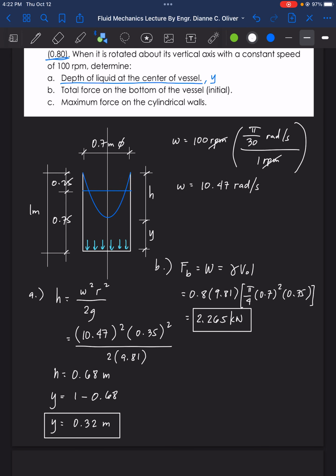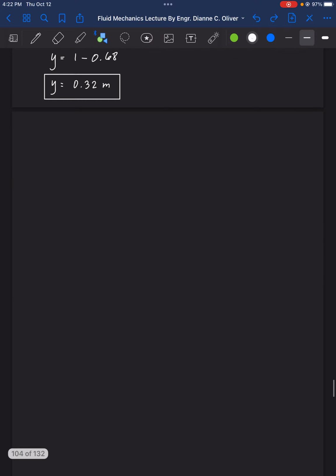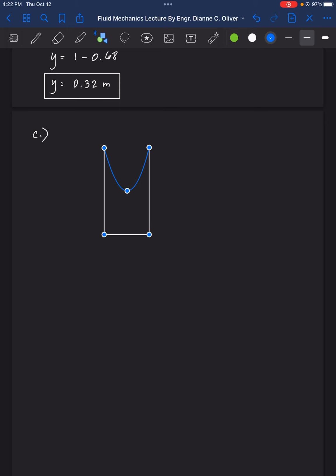How about C? What is the maximum force on the cylindrical walls given this rotation here? Let's redraw the open container, which has a rotational axis here.